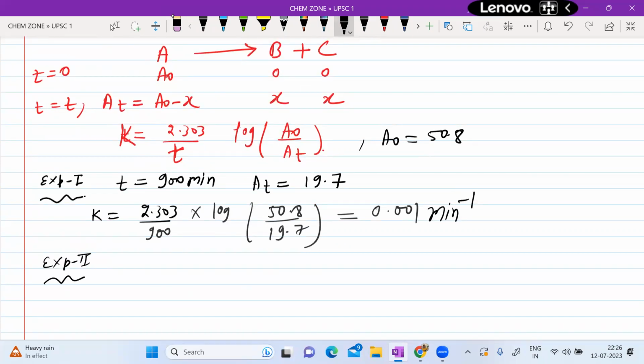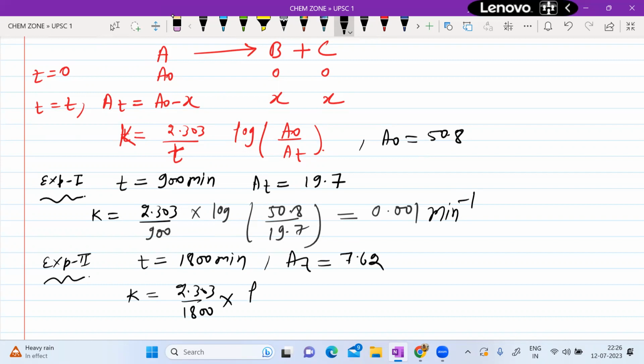Now see from experiment 2 or the second observation, that is at time t taken as 1800 minutes. Similarly, here At is given to you. The value of At is 7.62, and 50.8 is the value of A naught.